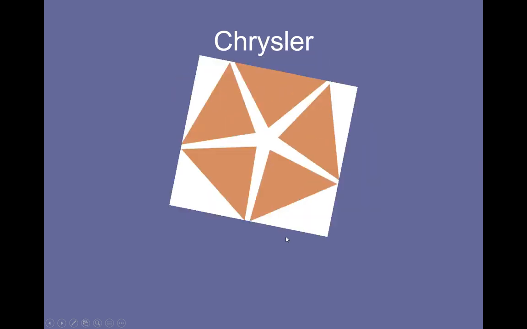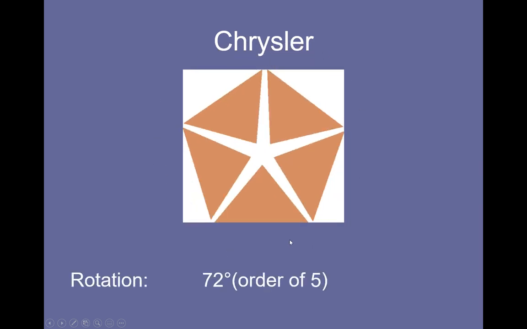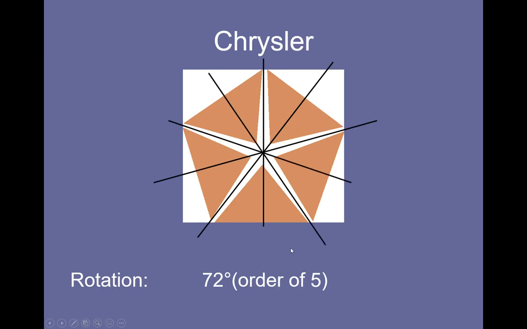No, it's a Chrysler. There, you got it. It has rotational symmetry of 5, angle of 72, and 1, 2, 3, 4, 5 lines of symmetry.